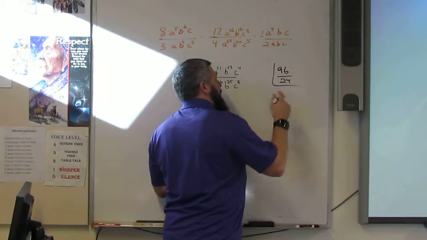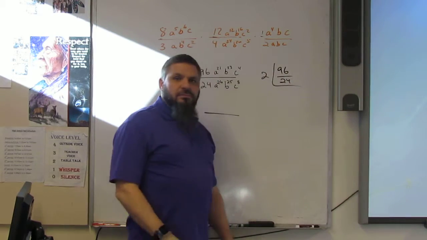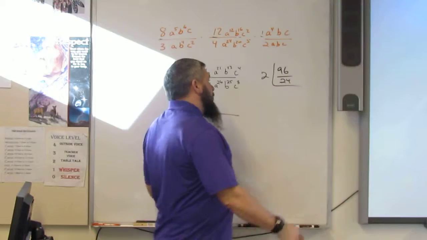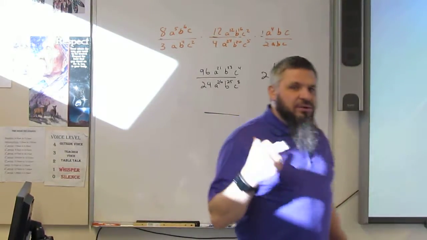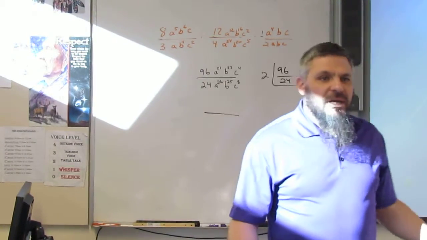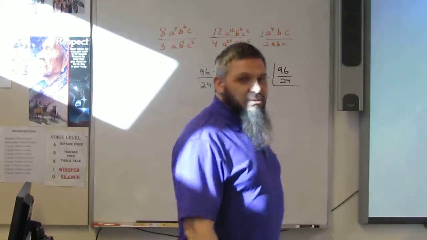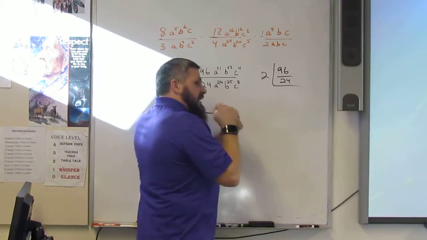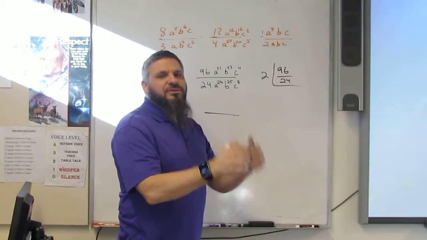So you can start with 2 because they're both even. Okay? If you can go to the 12, that works, right? As long as 12 goes into them all, which it does, right? But for right now, let's just do 2, see what happens.